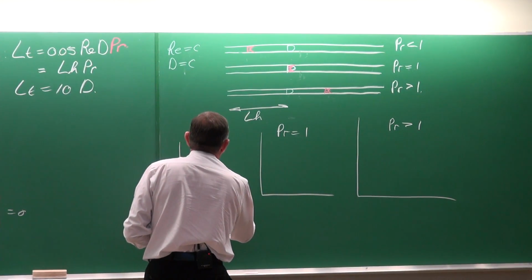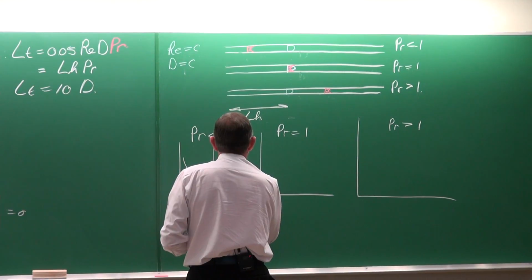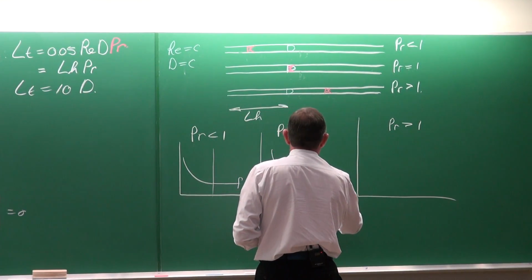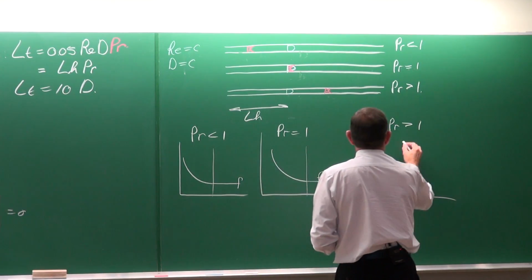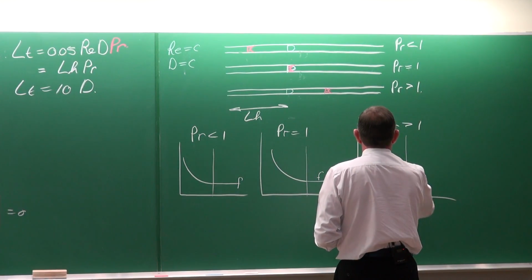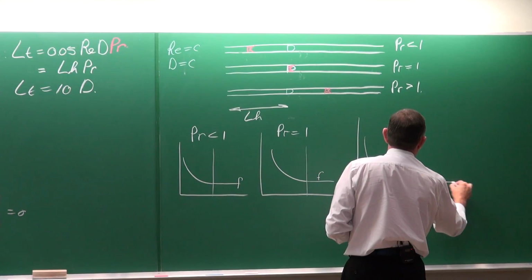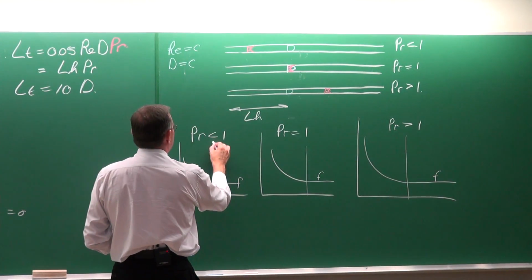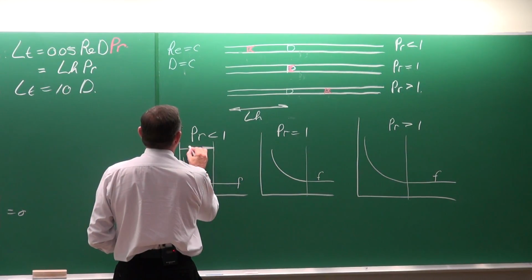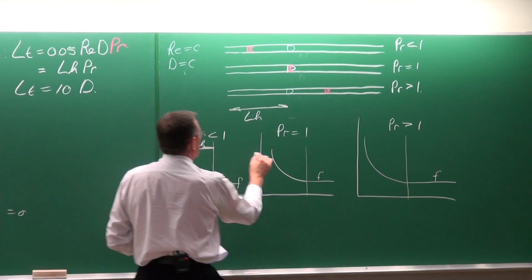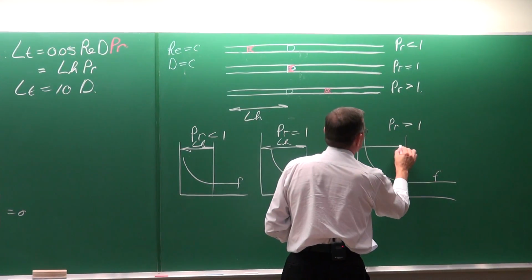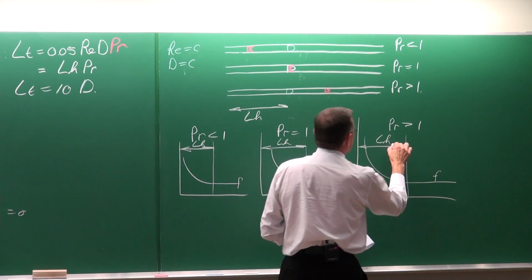And for all three of them, there's the friction factor, so the graphs should be all the same. Friction factor, there you go. And for all three of them, that is going to be LH. LH and LH. And they are exactly the same.